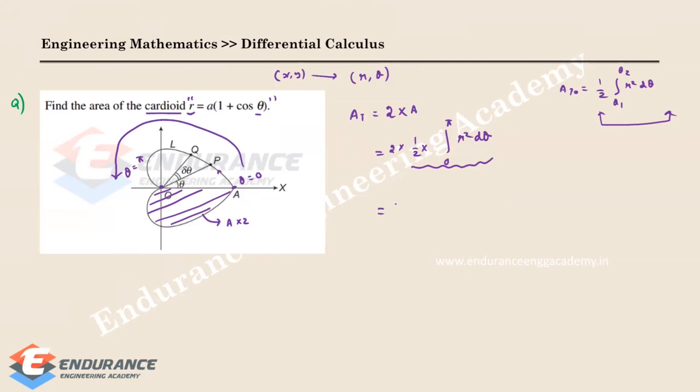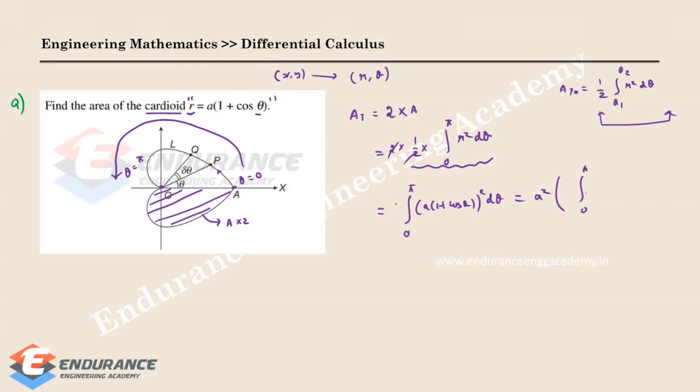So that will be equal to this, and I can cancel the 2 and 1/2. Then the integration from 0 to pi, in place of r, I can replace a into 1 plus cos theta whole square d theta. A square can be taken out, and then for the balance, 1 plus cos theta, can I replace it with anything else?